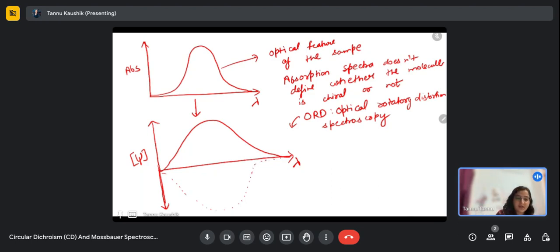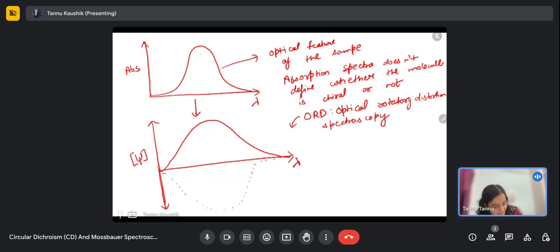If one is rotating the incident light in a clockwise direction, we will get a positive spectra for that, and for the other enantiomer we will get a negative spectra.